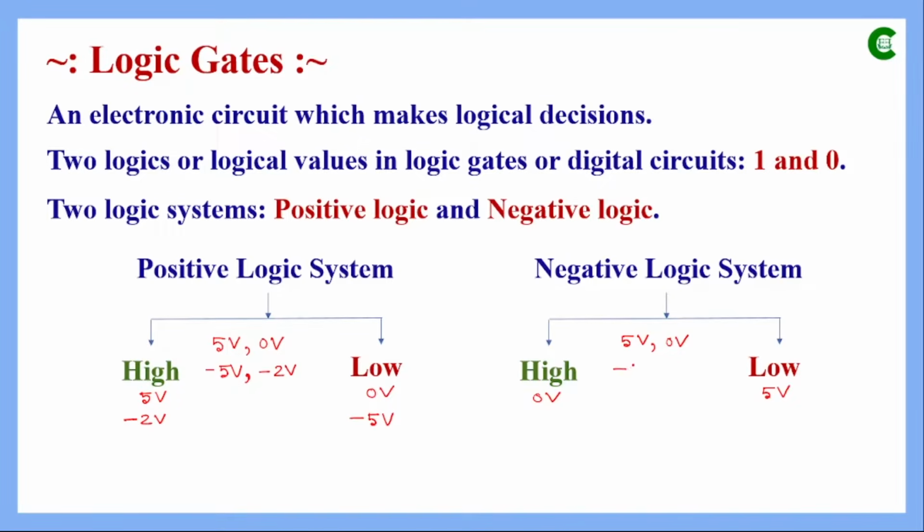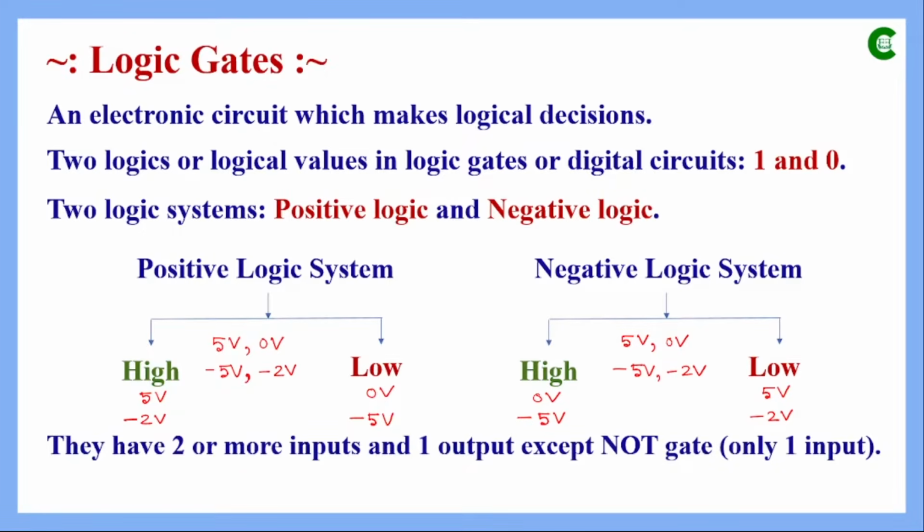Similarly, if we have minus 5 volt and minus 2 volt in the circuit, then again minus 5 is less than minus 2 as far as value is concerned. So in that case, minus 5 will be mapped with high value and minus 2 volt will be mapped with logical low value. So this is how it depends on the logic system, which value will be mapped with logical high and which value with logical low.